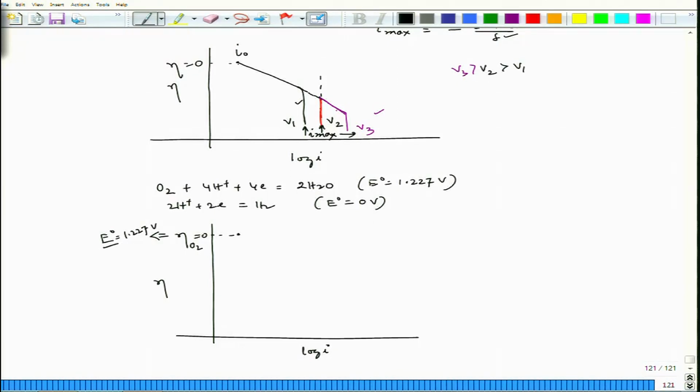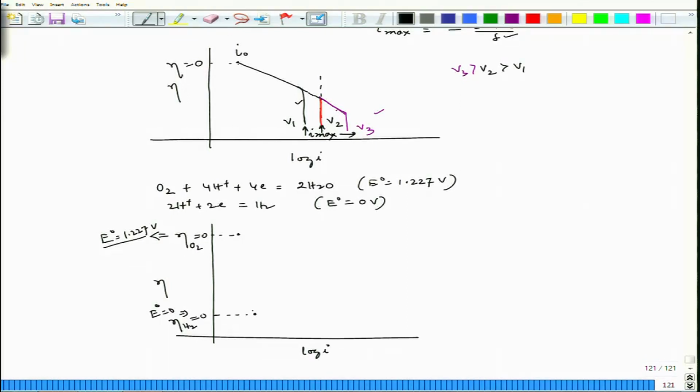Remember, this is the equilibrium voltage, and at equilibrium voltage we have overvoltage of 0 for oxygen reduction. And at E equal to 0 here, eta for H2 evolution is 0 at this point.